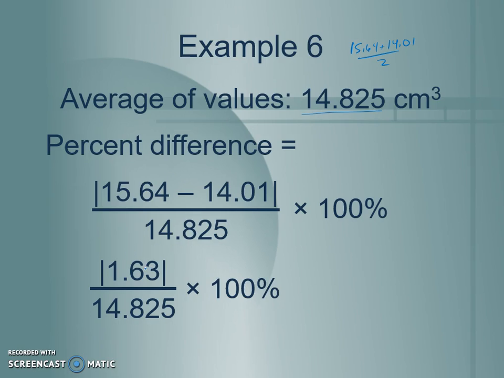But we're taking the absolute value, so the absolute value of this would be just 1.63 divided by our 14.825, which is our average that we got up here. Then we'll just multiply by 100% to write it as a percent. We get approximately 11% for our percent difference.